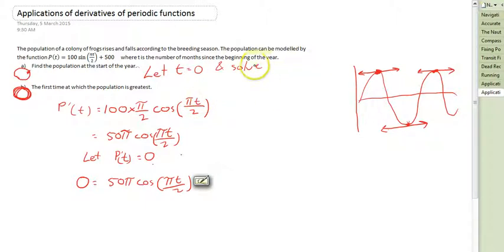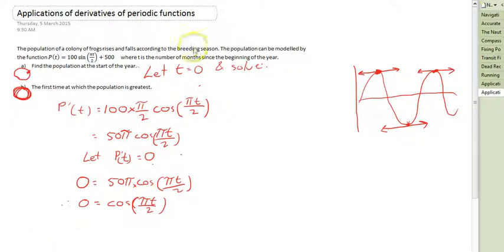Now you need to think about this one just a little bit. 50 pi cos pi t on 2, that's 50 pi times cos pi t on 2. That's only going to equal 0 when cos pi t on 2 equals 0. So we just need to find out when this occurs. 0 equals cos pi t on 2.